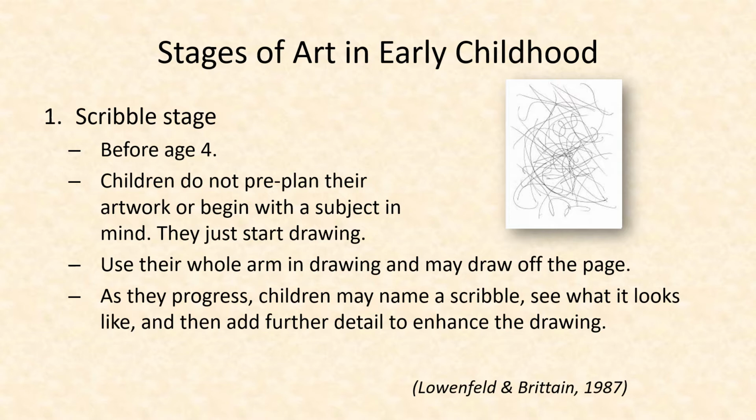We would conceive of an idea, we would see how we're going to put it on that paper, we would plan it out a little bit, and then we would set out to draw it. But children in the scribble stage do exactly the opposite. They're drawing first and then looking at it later.